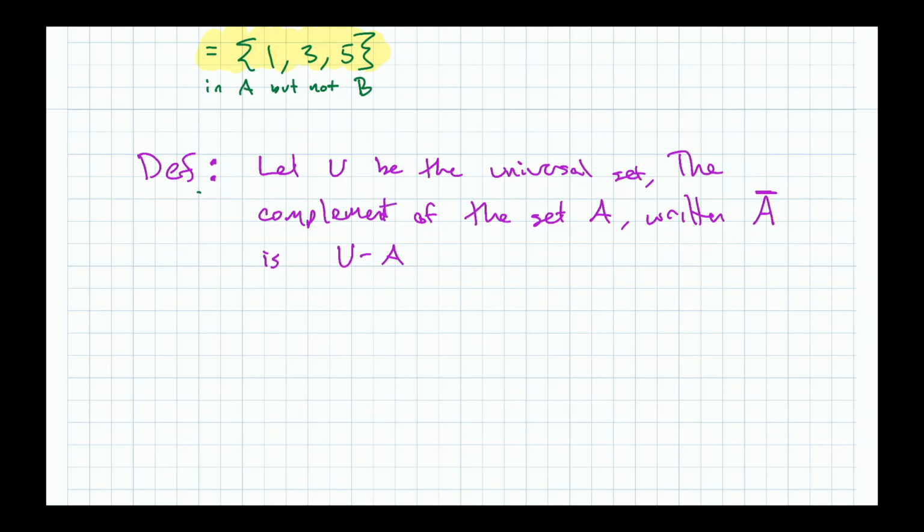So using the universal set, the complement of the set A, written A with a bar over it, is U minus A. What's that mean?